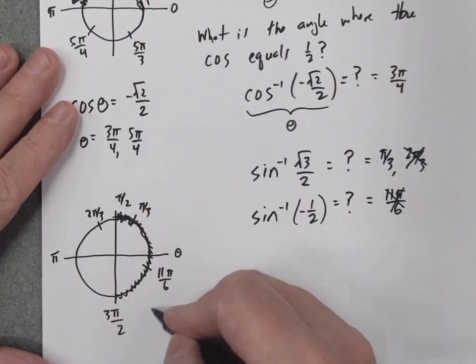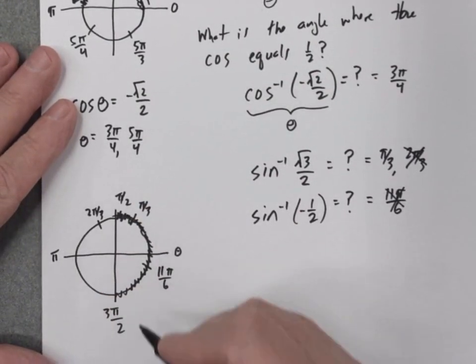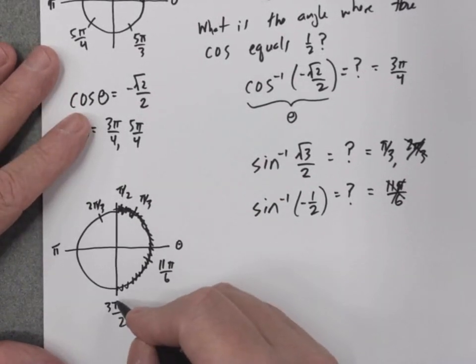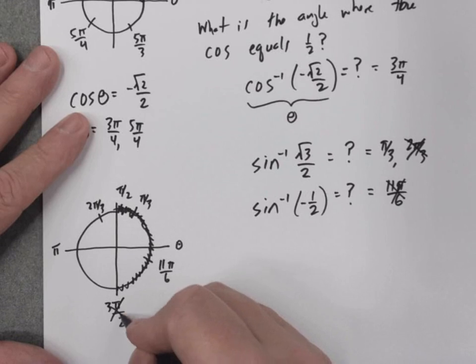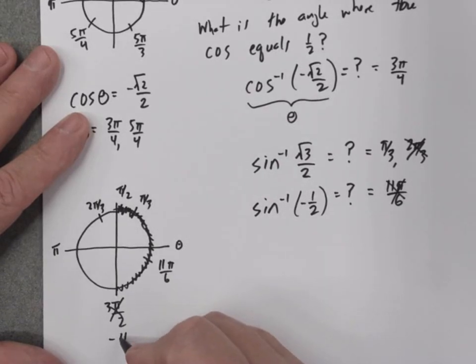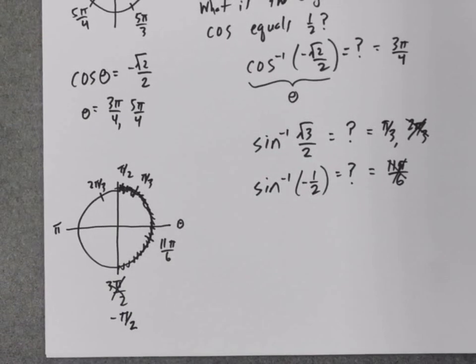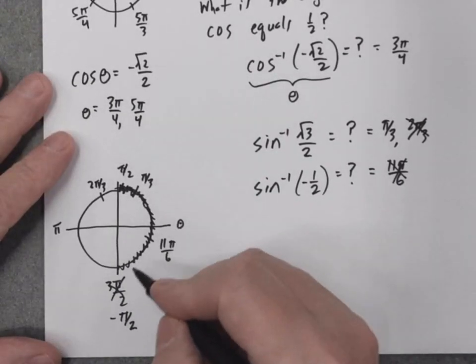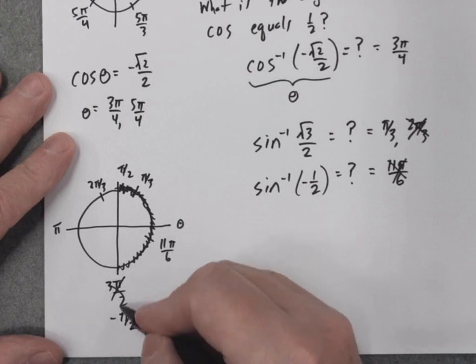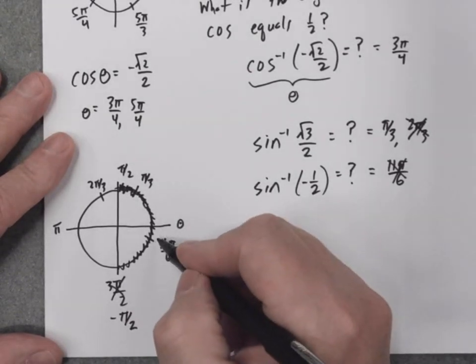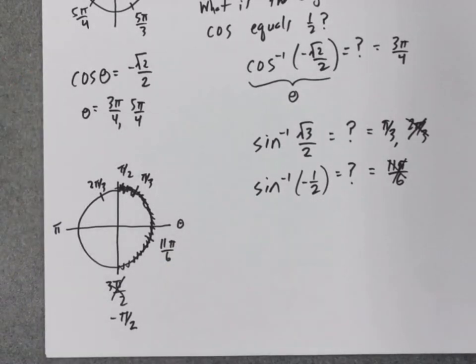However, any of the angles in this fourth quadrant, you know what they do? They don't call this 3 pi over 2. Instead, they start using negative angles. So 0 is here, negative pi over 2 is here. Remember, a negative angle is when you go clockwise.